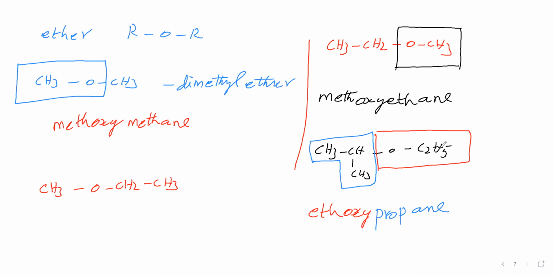Now, this ethoxy group is attached at the second carbon of this parent chain, because this is the first carbon, this is the second carbon, this is the third carbon. Therefore we can call this 2-ethoxy propane. Okay, next compound we will take.